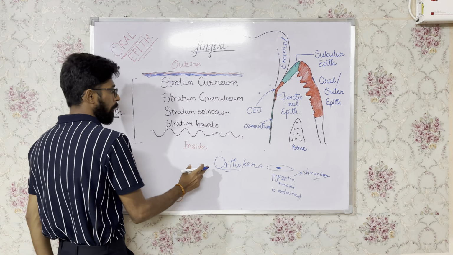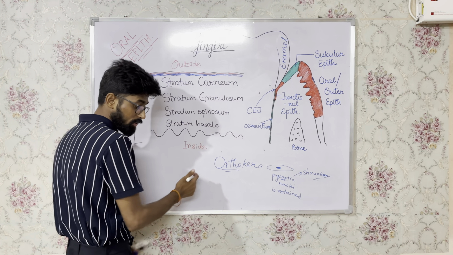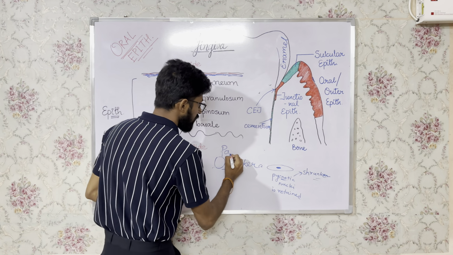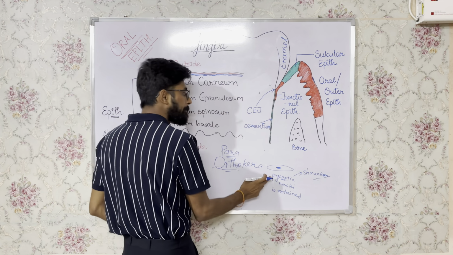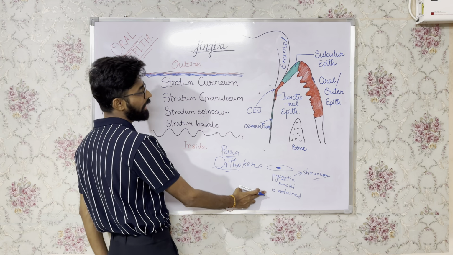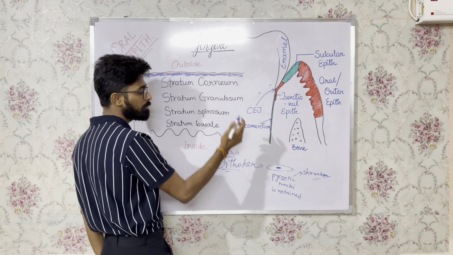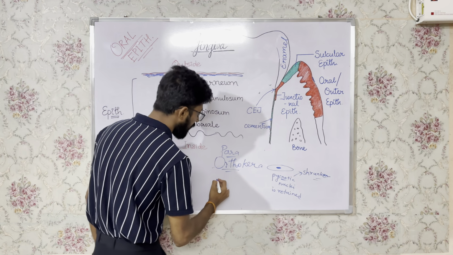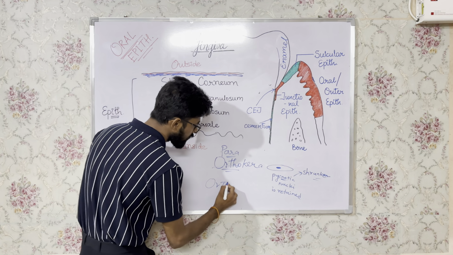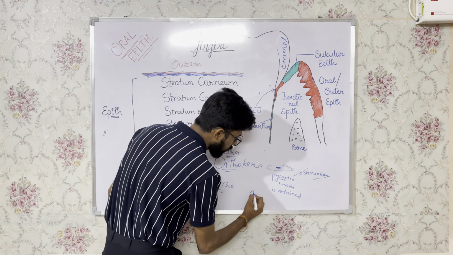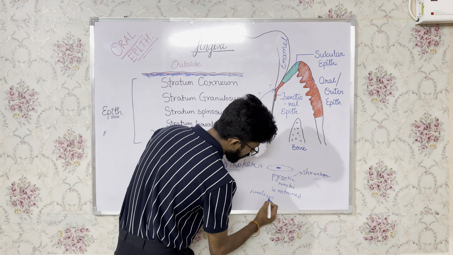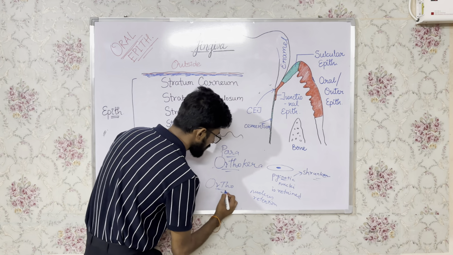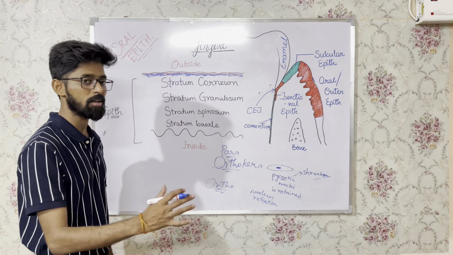Sorry, this is not orthokeratinized, this is parakeratinized. In parakeratinized, pycnotic nuclei is retained, though there is keratin formation, but still the nuclei is retained in a shrunken form. But in orthokeratinized there is no nucleus retention. So this is orthokeratinized. This is the main difference.